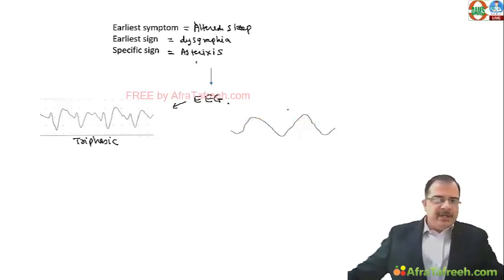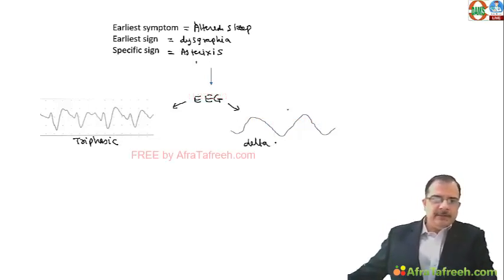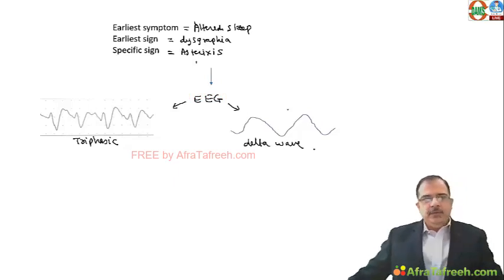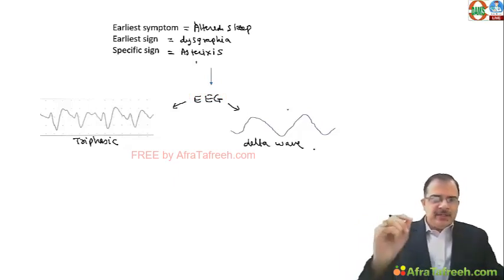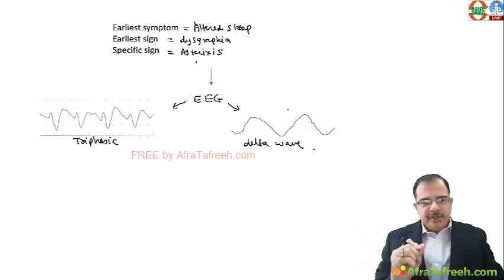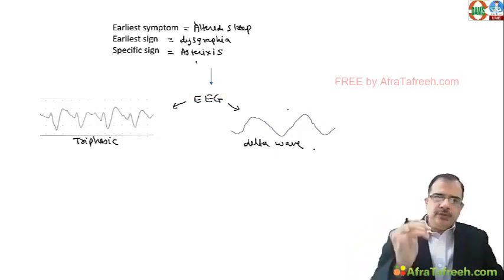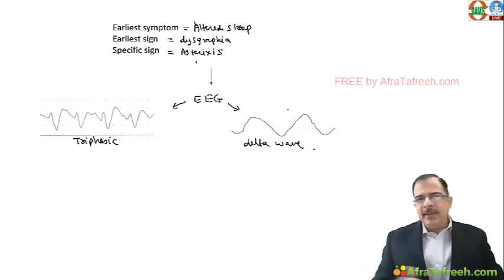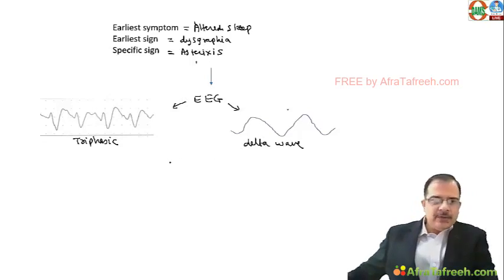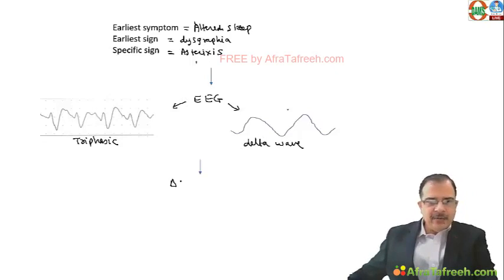Or if the patient is in coma, it might give you a delta wave. So this information is sufficient for us to make a diagnosis of hepatic encephalopathy. So we diagnose the patient as hepatic encephalopathy.